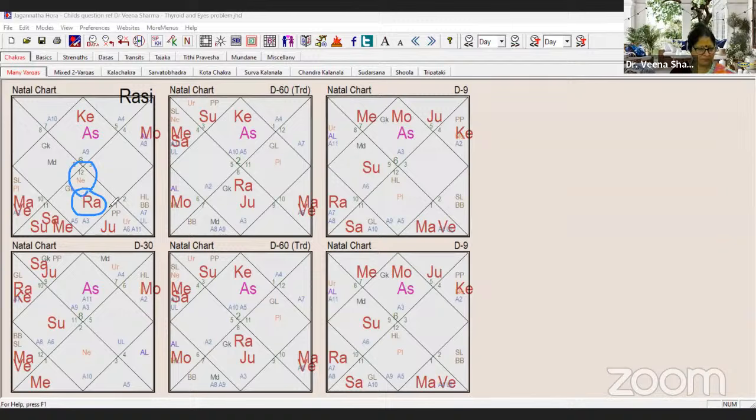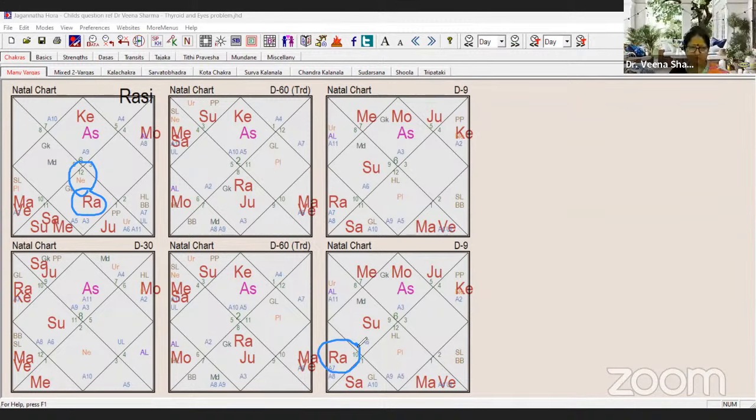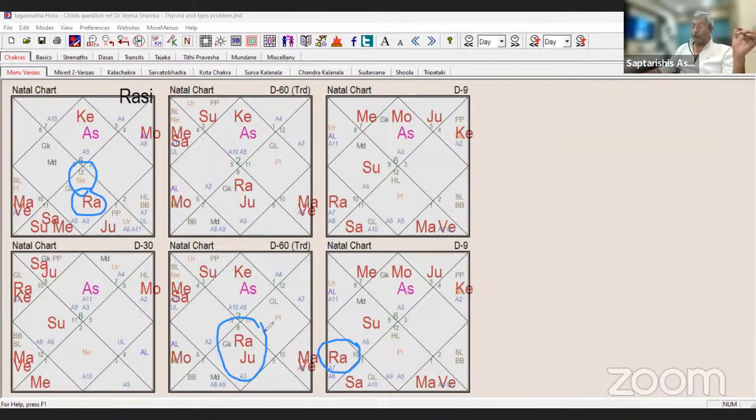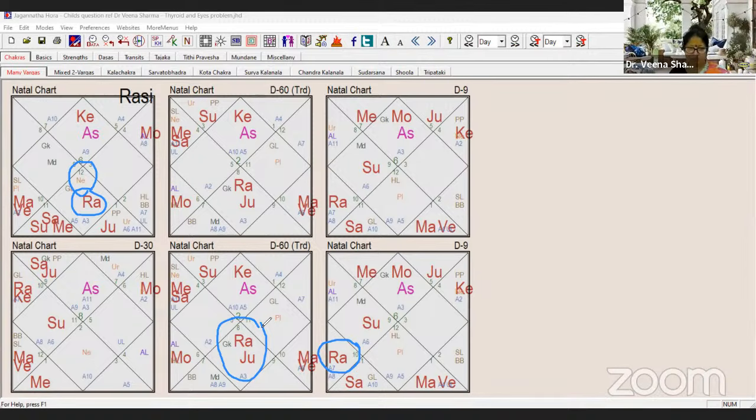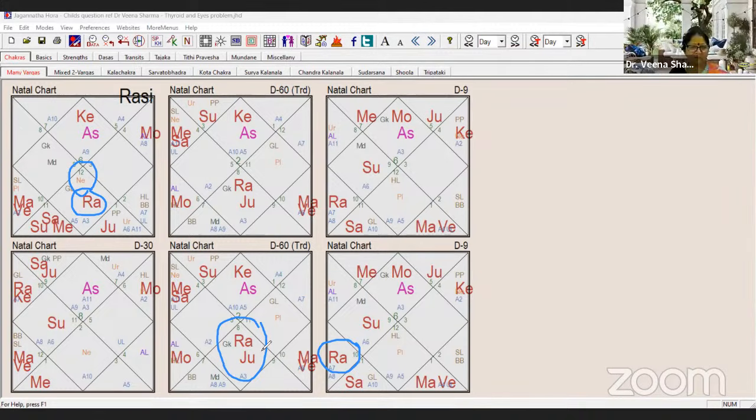In Navamsha, Rahu is where Jupiter is debilitated. Done. In D60, which is what I use, Rahu is with Jupiter and Gulika. Another type of problem I'm not going to say here right now. Okay. To start, first this.